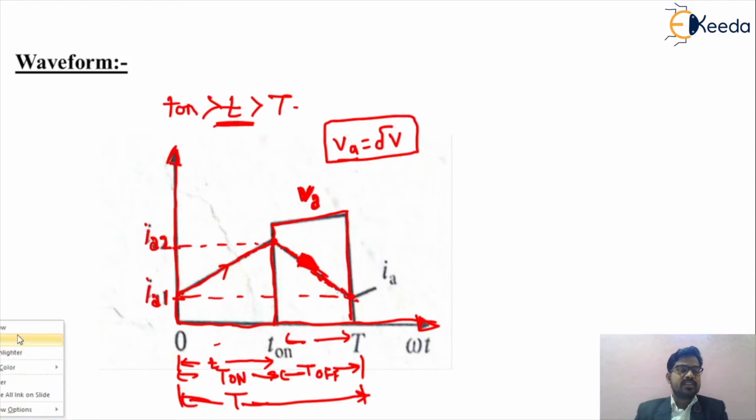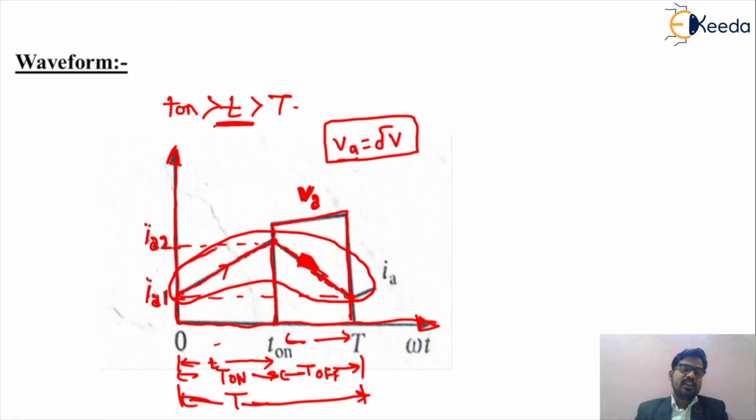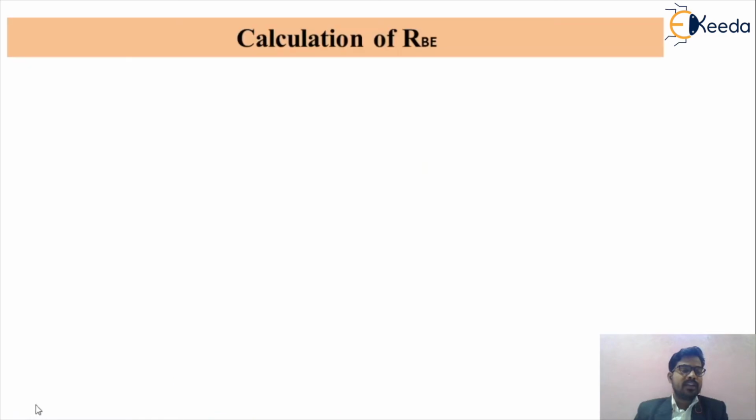The first condition is that the armature current is ripple-less current, so the DC contents are pure DC, and we can now derive the effective value of the braking resistor.